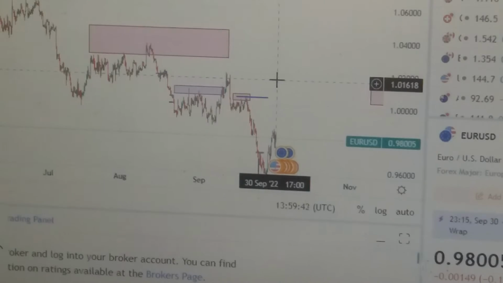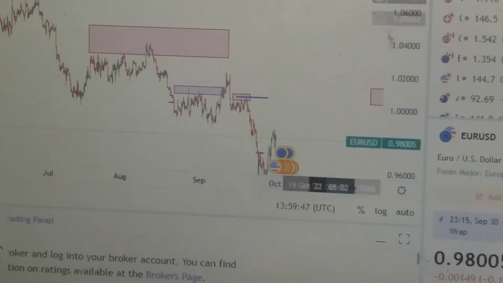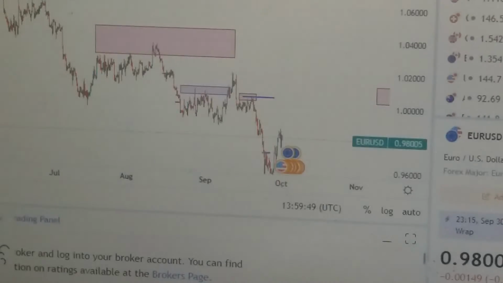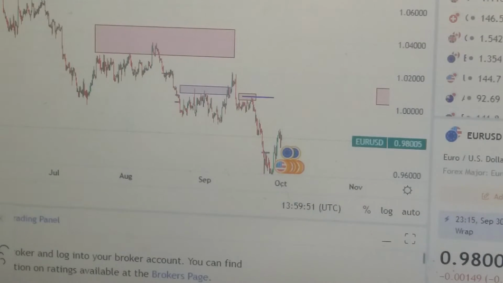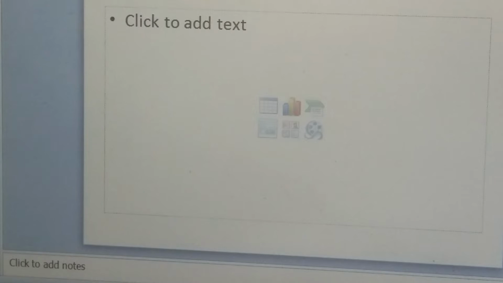I hope you can see my screen. So you need to understand your market structure. If it's on a downward trend, you sell. If it's on an upward trend, you buy.